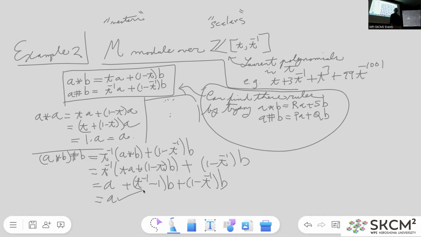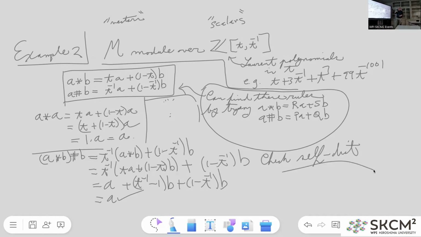So it's working, and I leave it to you to check self-distributivity. It's not hard either, that this works.